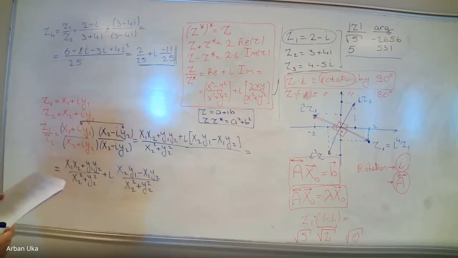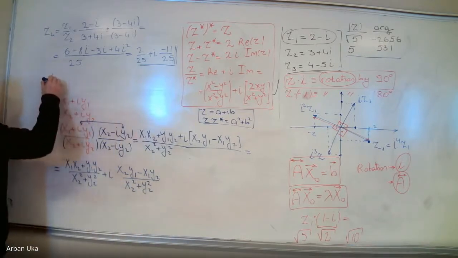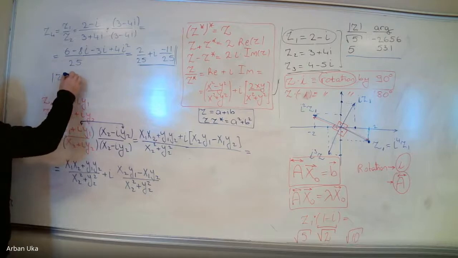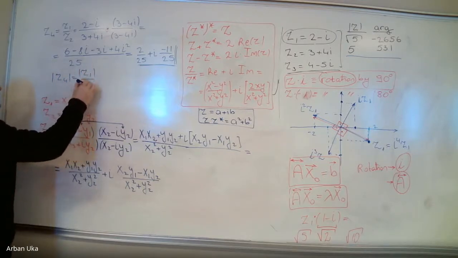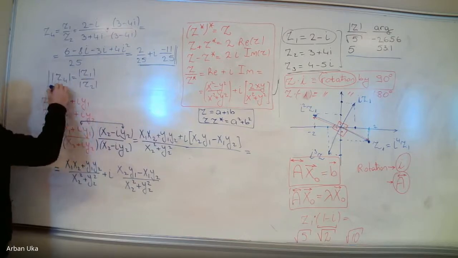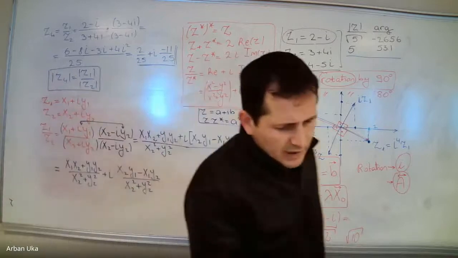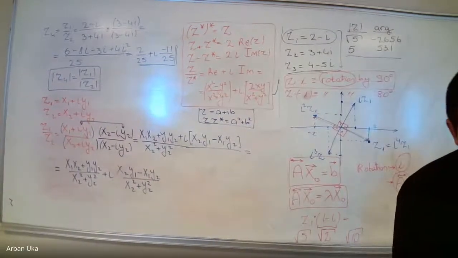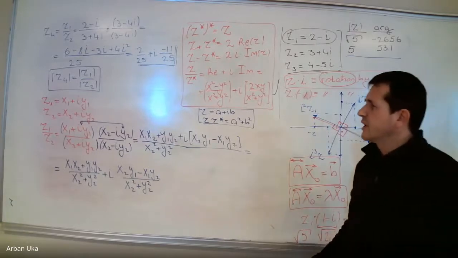And now we can also say here that the modulus of z4 is equal to the modulus of z1 divided by the modulus of z2. This is equivalent to when we multiply two complex numbers: the result gives a modulus which is the multiplication of those two moduli.